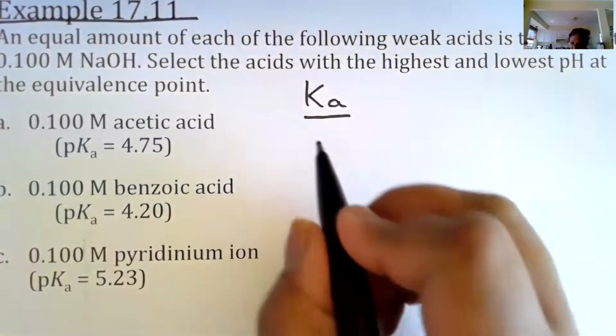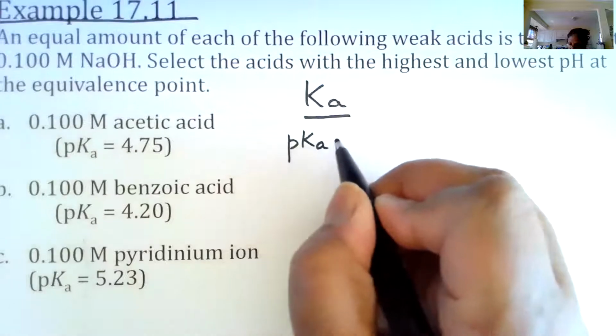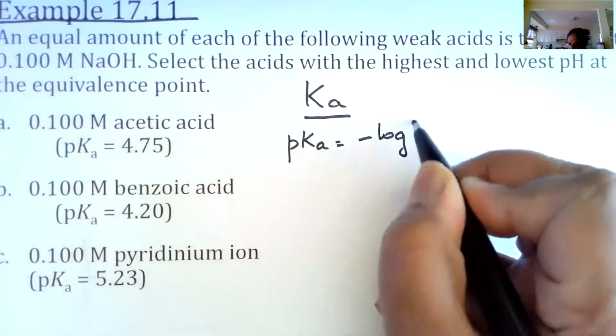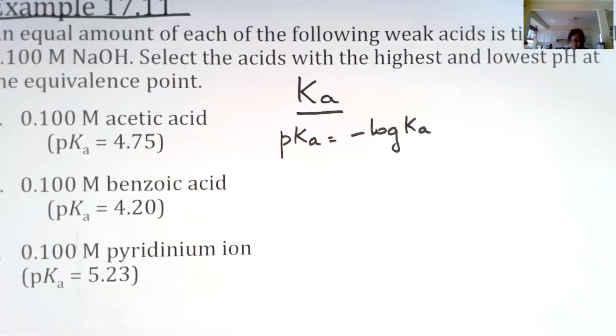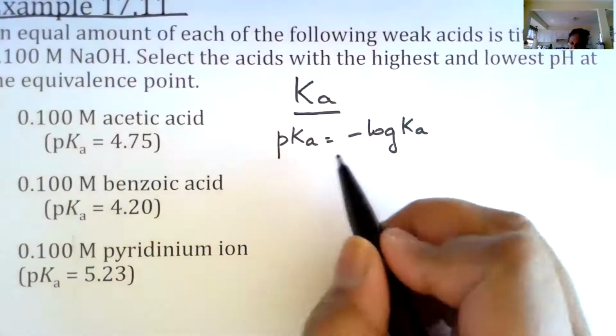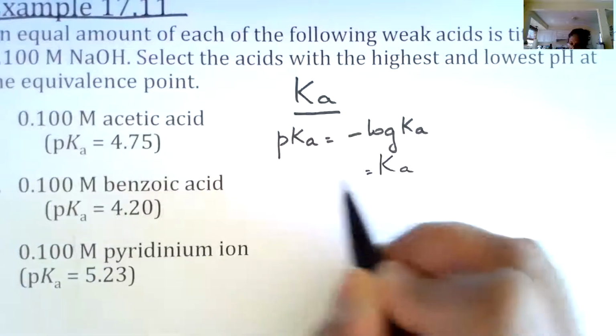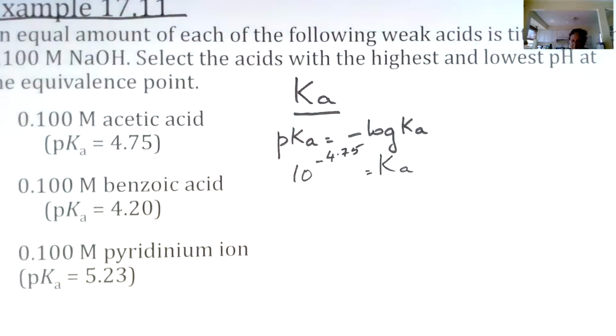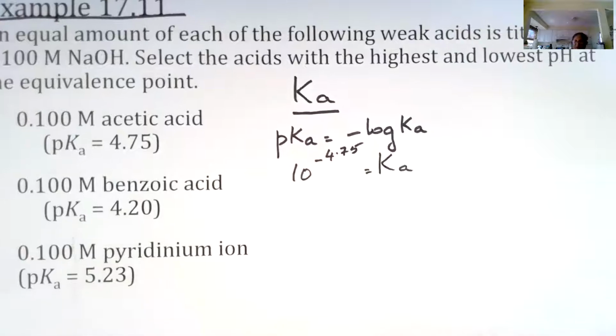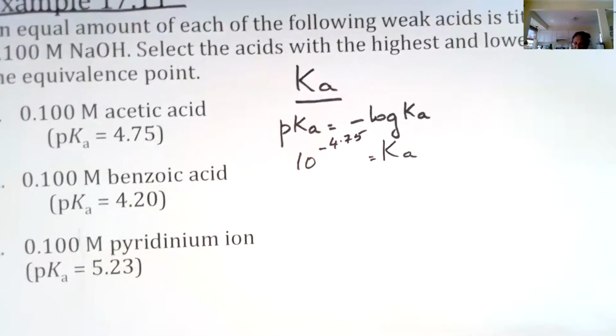Okay, so pKa is negative log of Ka. So if pKa is 4.75, what is Ka? So you can calculate Ka values for these.